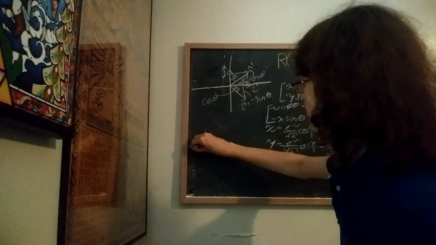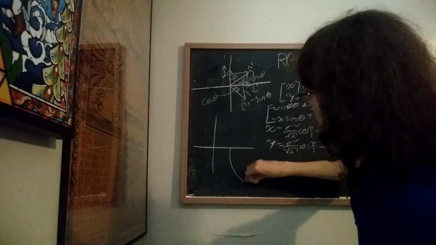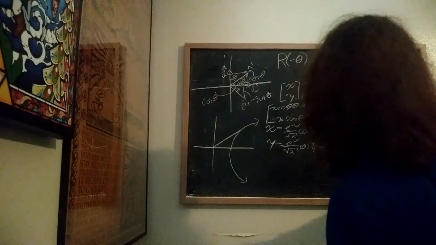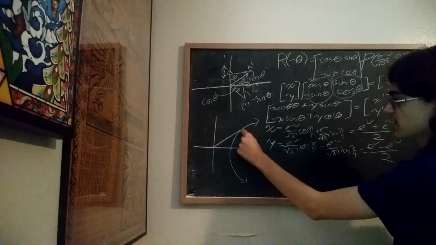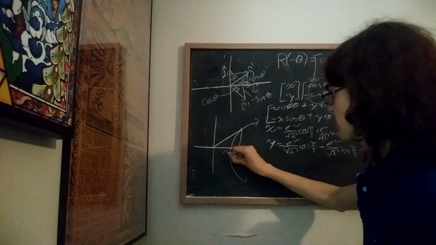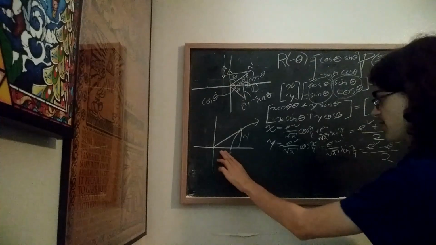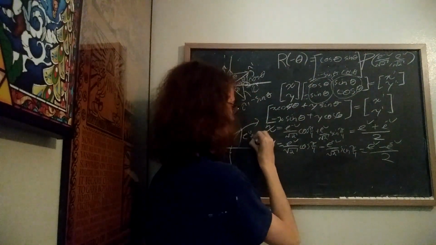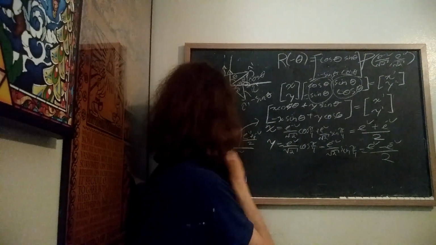If we draw our hyperbola back again, these two are the coordinates of our p vector, which is going to come from the origin to here, and they're going to be the sides of the triangle that's horizontal and vertical. And so instead of writing x and y, we can write e to the u plus e to the minus u over 2, and e to the u minus e to the minus u over 2.